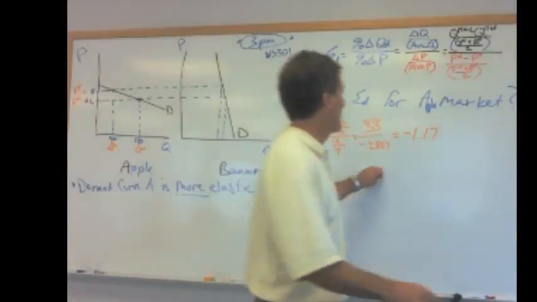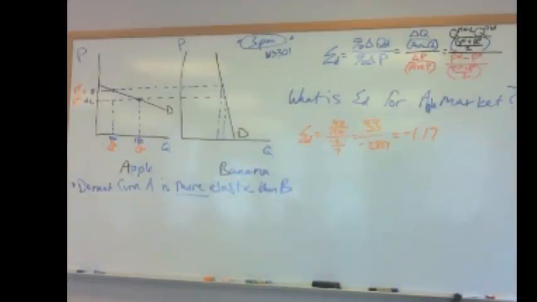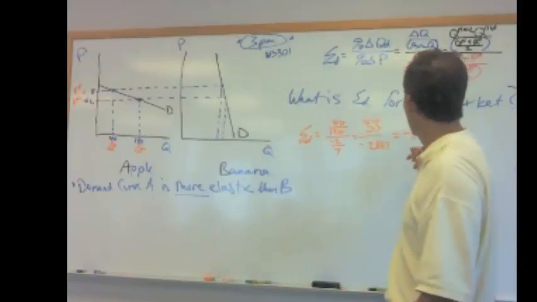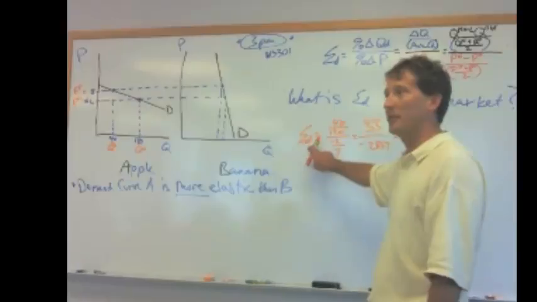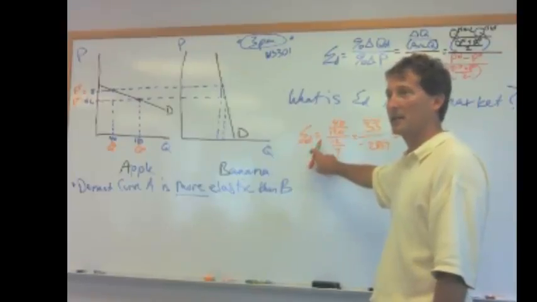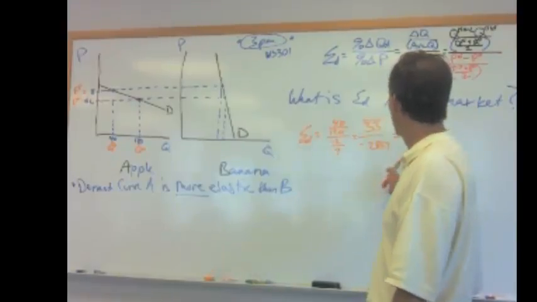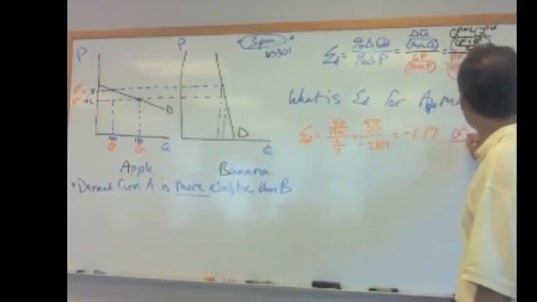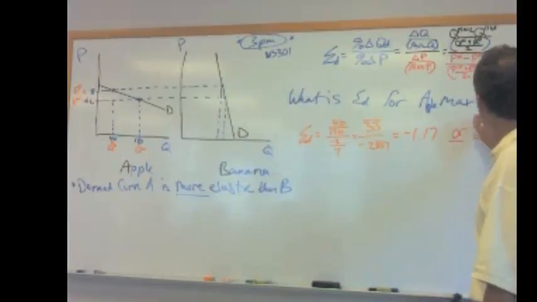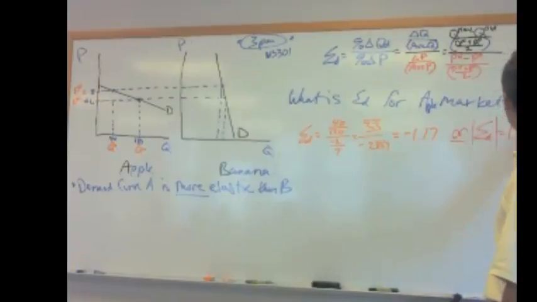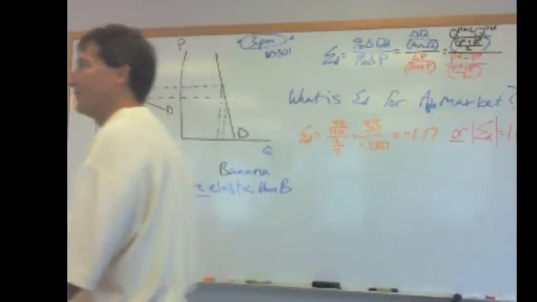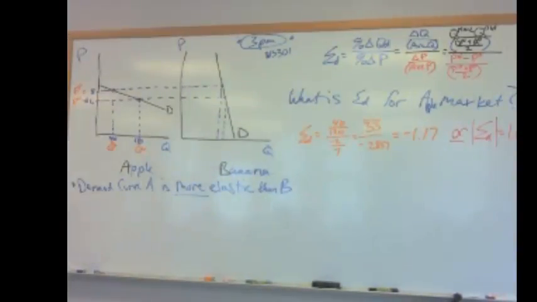So technically on paper, it's okay to put that as a plus if you put the absolute value signs around the elasticity as a reminder. So the elasticity of demand equals this, or if you want, you can do this. The absolute value of the elasticity is positive 1.17.